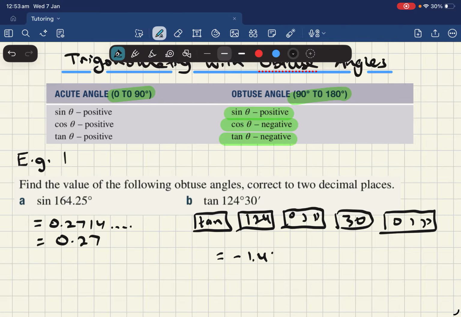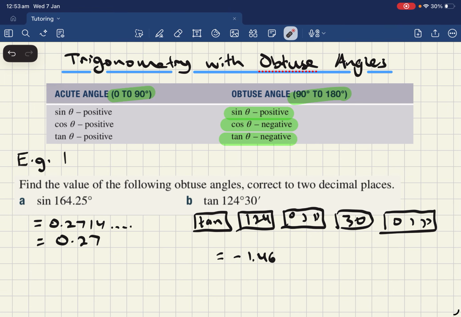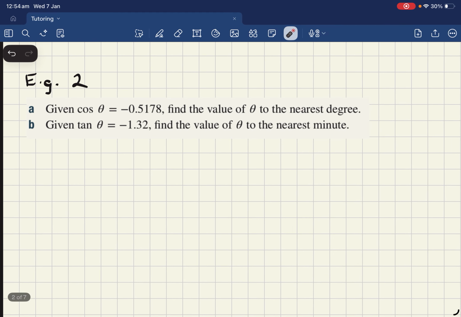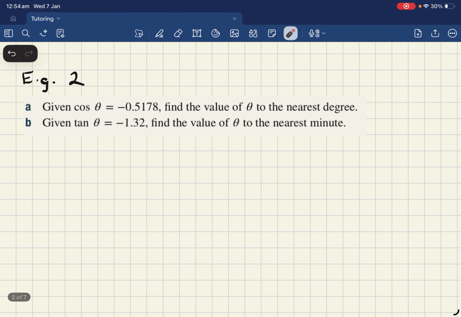So when you put this into a calculator, because tan is negative from 90 to 180, your answer will be negative 1.46. Now, moving on to the next examples, it's saying that given cos theta equals negative 0.5178, find the value of theta to the nearest degree.